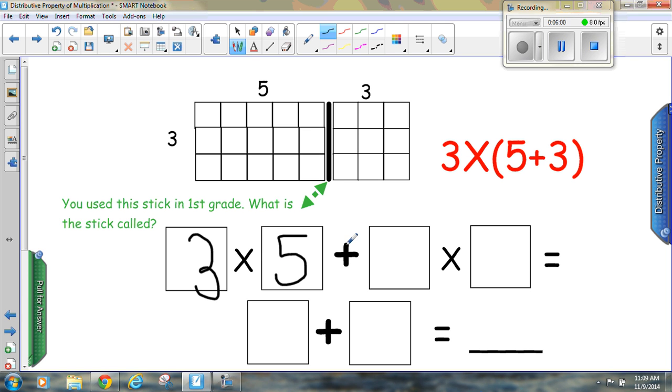Then we have the plus sign, which is a stick, like the break apart stick again. And again, we have 1, 2, 3 rows, so I'm going to make another 3. Times 1, 2, 3 columns. Now, if we multiply 3 times 5, we get 15. That's right. 5, 10, 15.